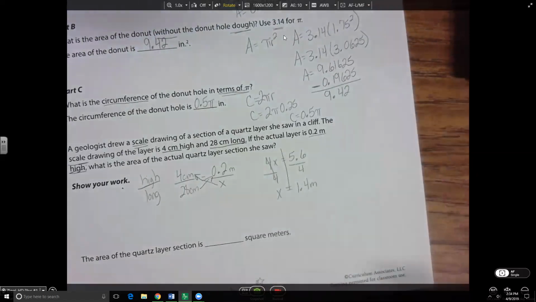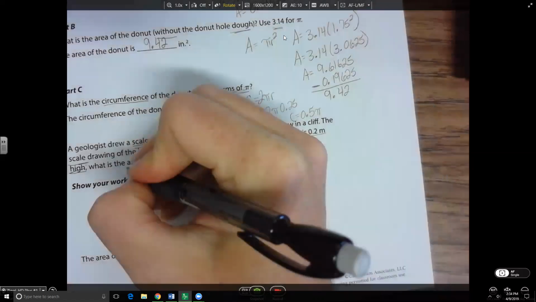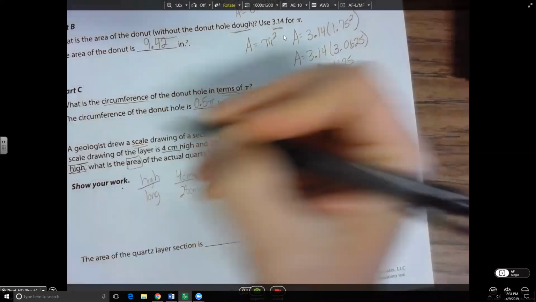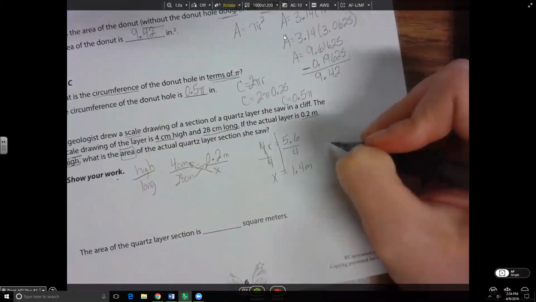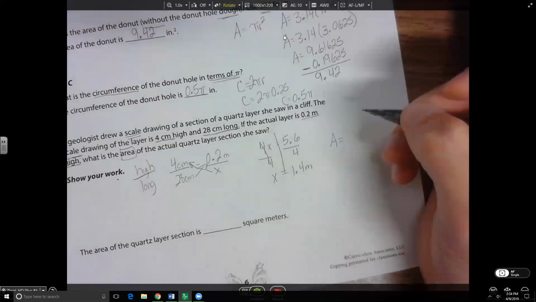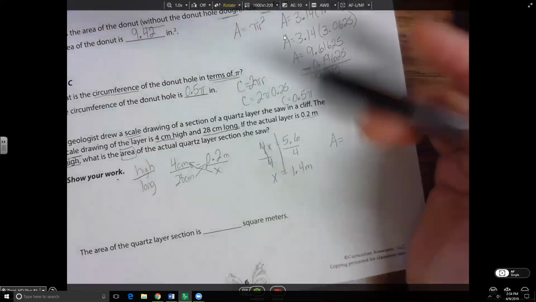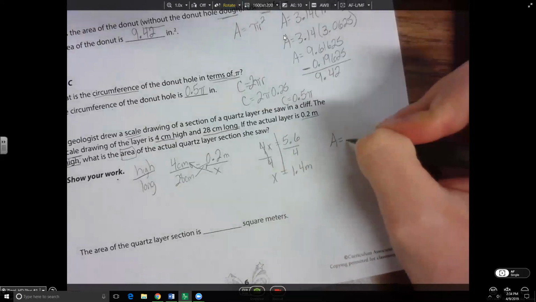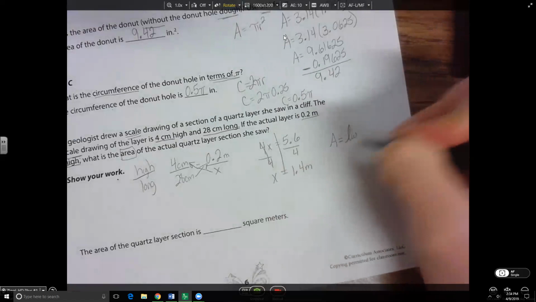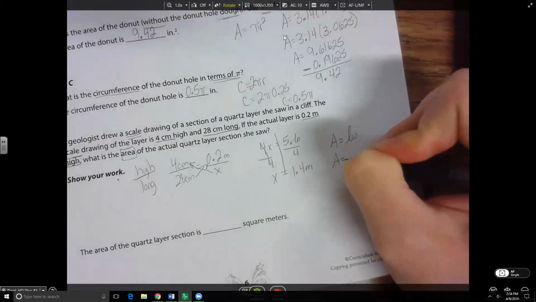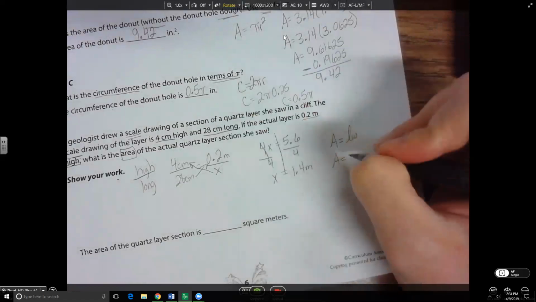All right, now I have to find, it asks for the area. So since I'm finding area, I've got to multiply. It says a section of quartz layer. So that's going to be a rectangle. So I'm going to do length times width. So height times length there, length times width.